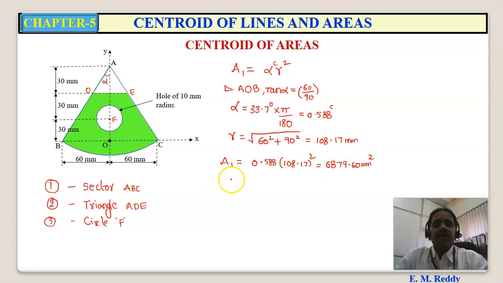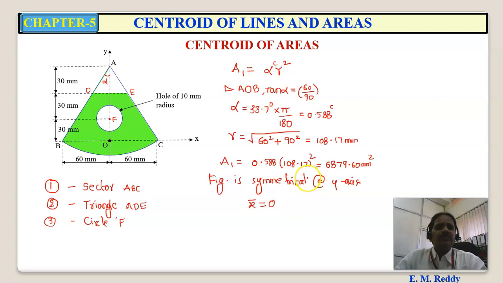Right? Now x1, see this given figure, the entire figure or lamina is symmetrical about y-axis. Therefore, straight away we can say that x bar is equal to 0.